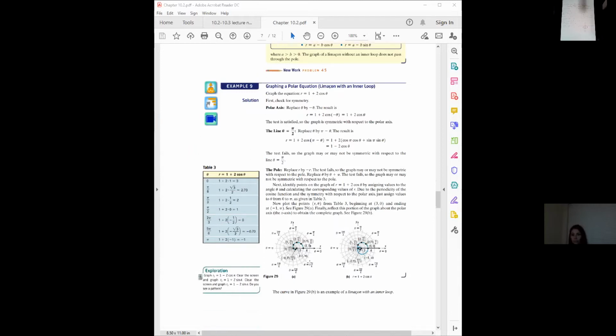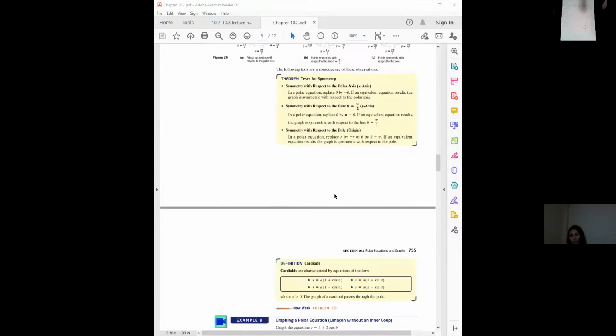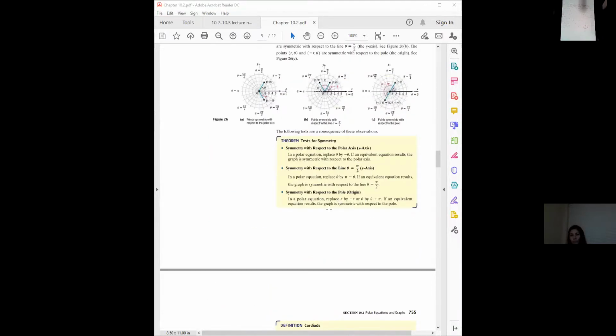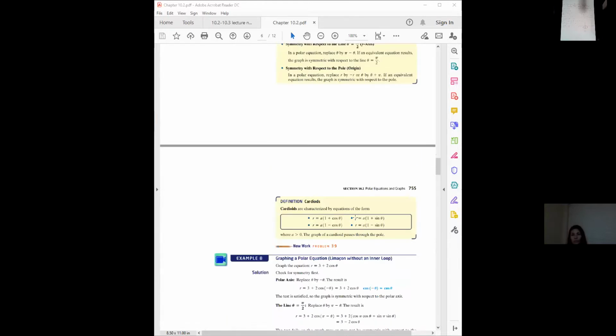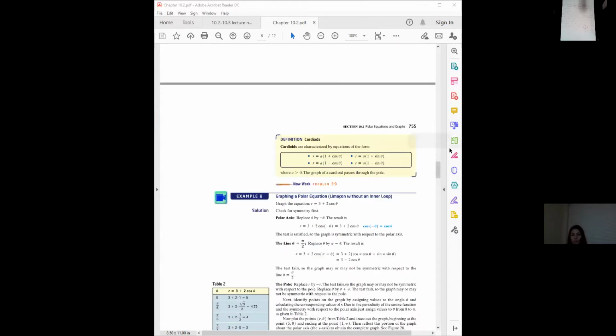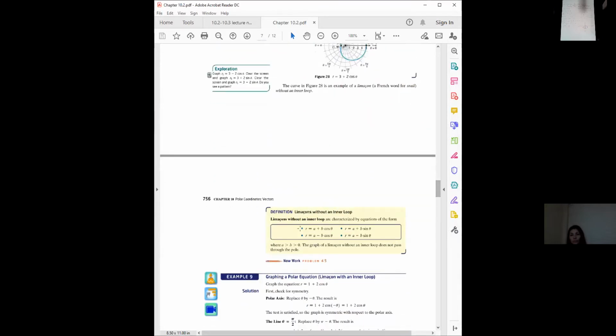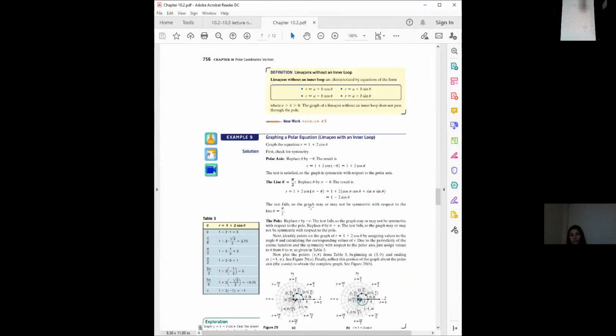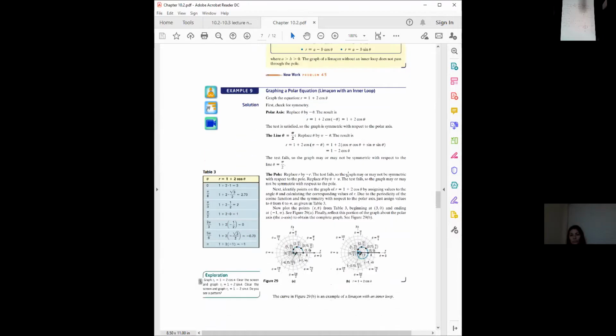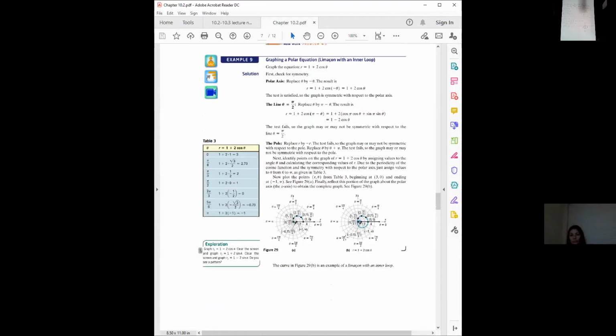Let's see if I can find a better one. So here we go. Yeah, so they ask you if it's a cardioid or if it's a limaçon, just a French word for this type of graph here.